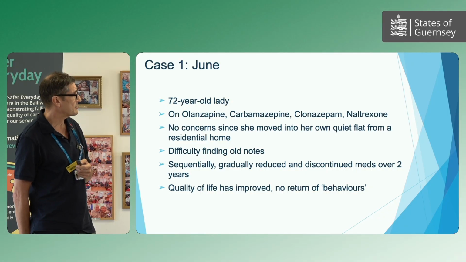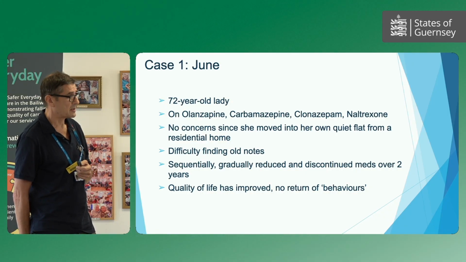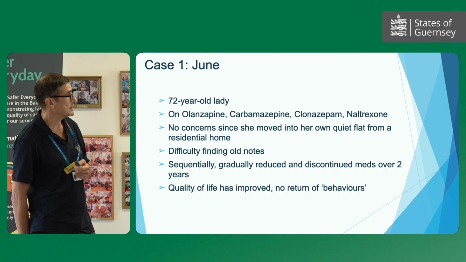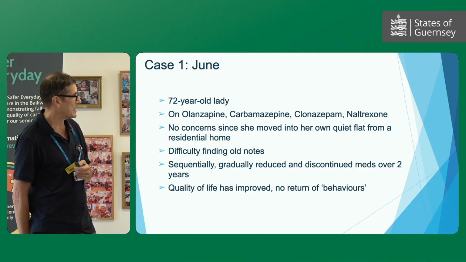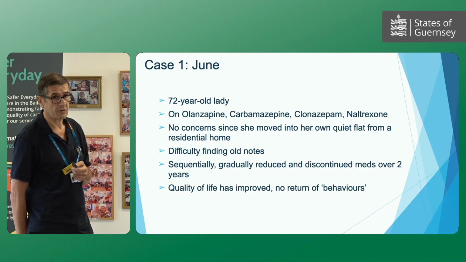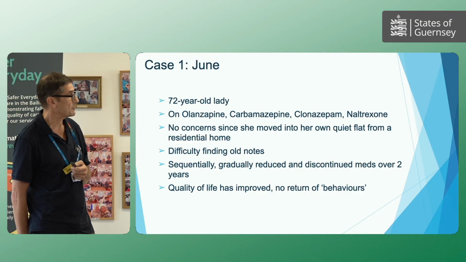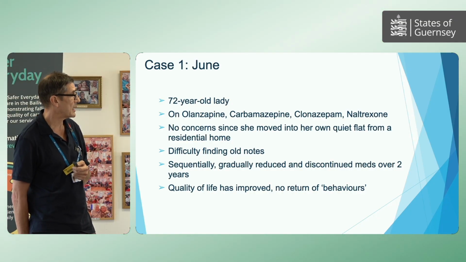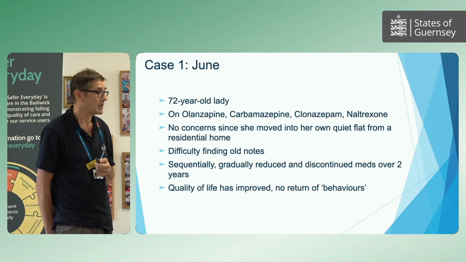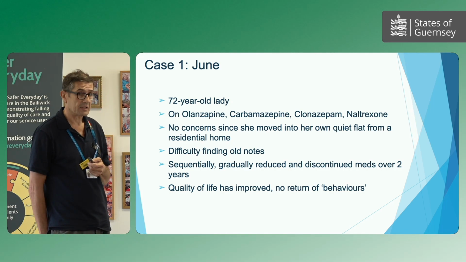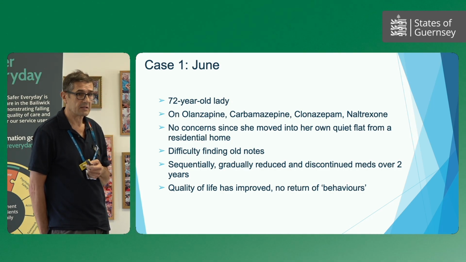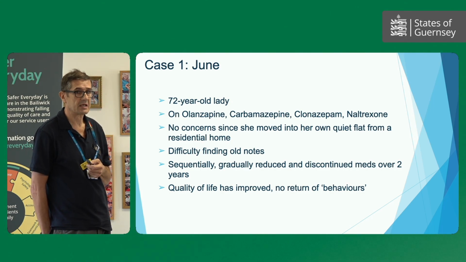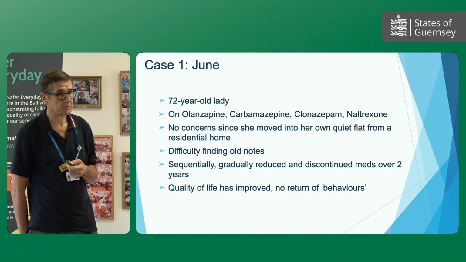We had difficulty finding the old notes, so it was difficult to work out why they'd been originally prescribed, but in the absence of evidence of reason to continue them, they were gradually reduced and discontinued. And the quality of life has improved and the behaviours have not returned. So this is what can be achieved.